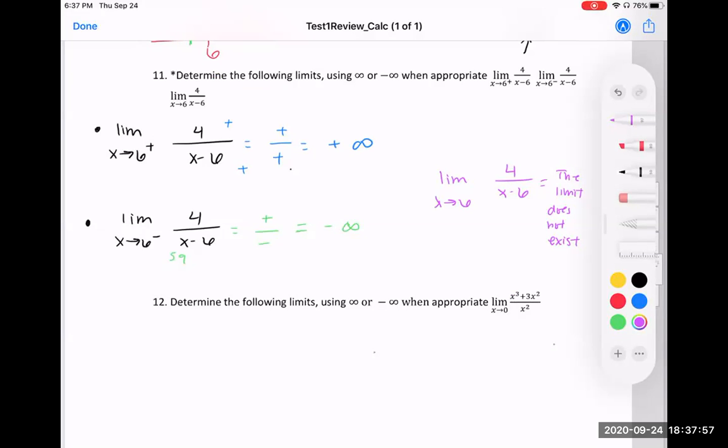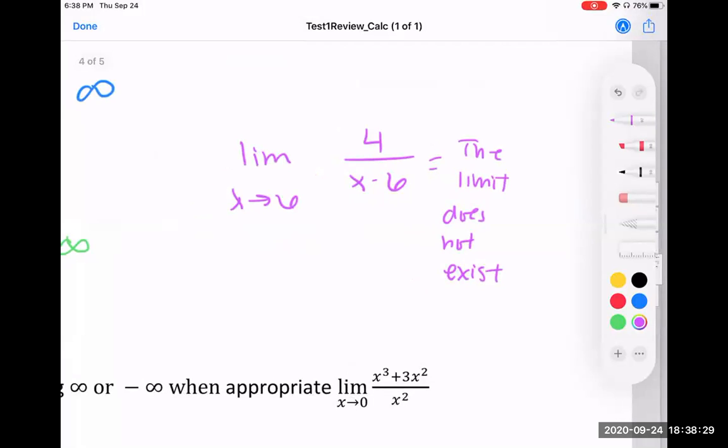All right. Any questions about 11? Wouldn't it be possible to determine the limit if you did like 6.1 and 5.9? I thought that was something we learned. Isn't that what I said? Oh, I thought you wrote that the limit doesn't exist. Oh, yeah, I'm sorry, the limit for our function.